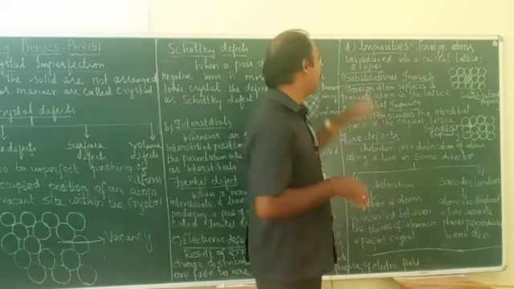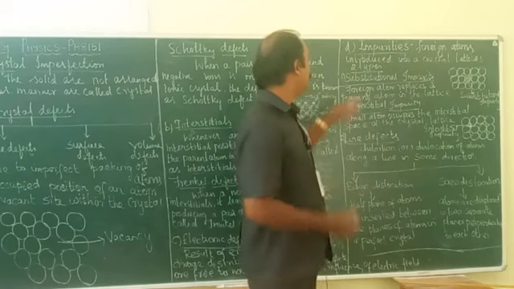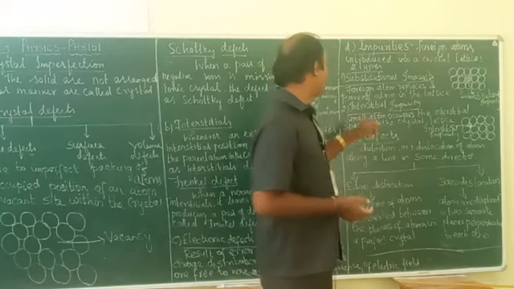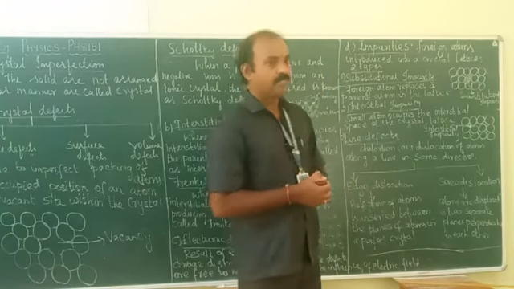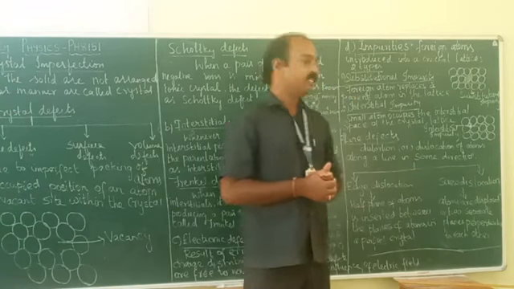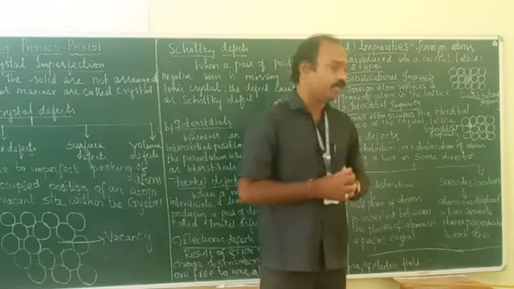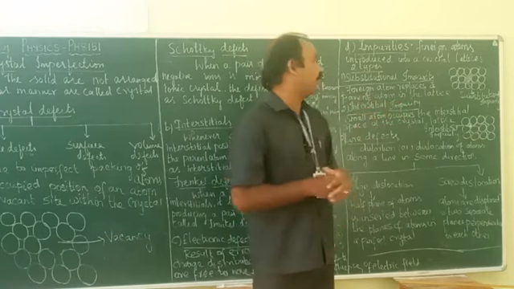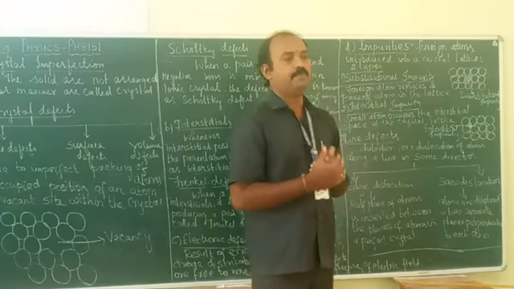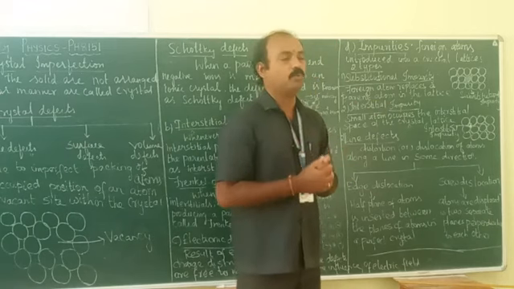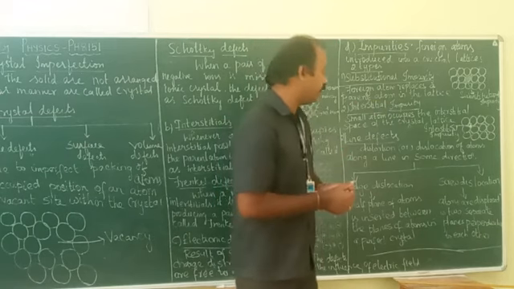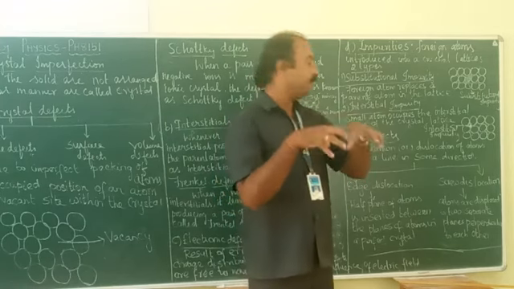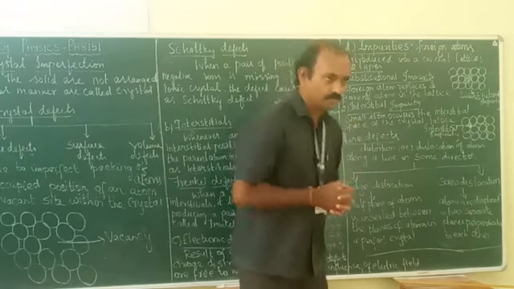Impurities are also of two types. One is substitutional impurities and another one is interstitial impurities. Substitutional and interstitial. Substitutional impurity: a foreign atom replaces a parent atom. So the already existing parent atom is removed, it goes out of that arrangement, and the foreign atom is placed there, that is substitutional.